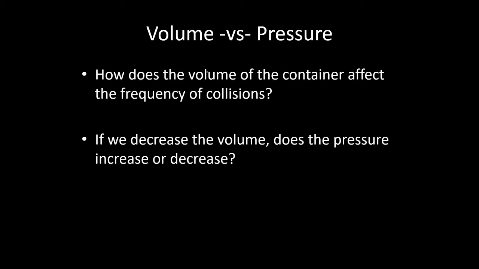So, how does the volume of the container affect the frequency of collisions? If you have a tiny container and you put a mole of gas into that container, a container this size, say here, and you put a whole bunch of gas particles in there, those are moving around constantly, and because the container is fairly small, they're just going to be hitting the walls of the container over and over, very, very rapidly.